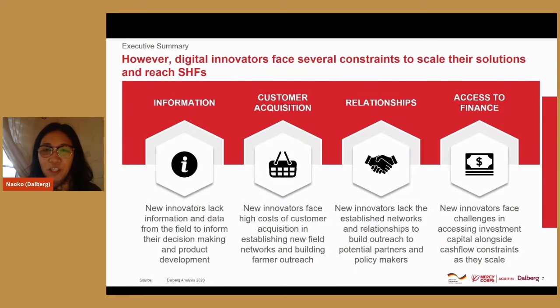They have a challenge reaching a scale of customers. Customer acquisition is very expensive, and a small startup can't do that immediately. They also don't have the relationships that a major corporate would have, including government, agribusiness, and all other stakeholders. And this is common for any innovators, but they lack access to finance. Next page, please.